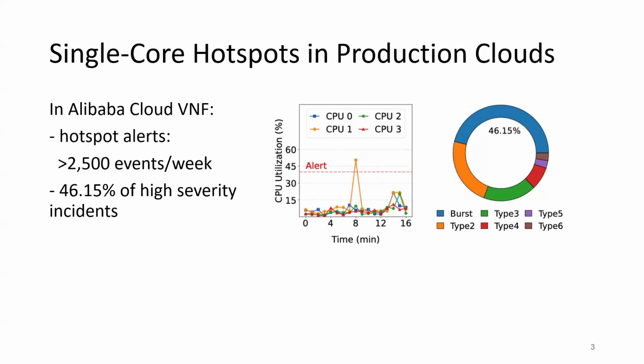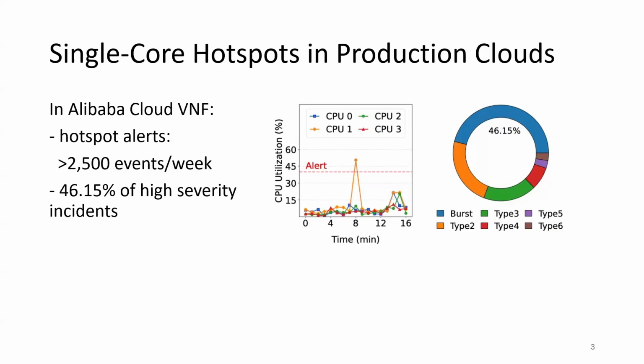During an elephant flow event, 1 processing core reached around 50% utilization, while the other 3 remained below 15%. Since the system raises alerts when CPU utilization exceeds a certain threshold, which is 40% in this case, this event immediately triggered internal actions.